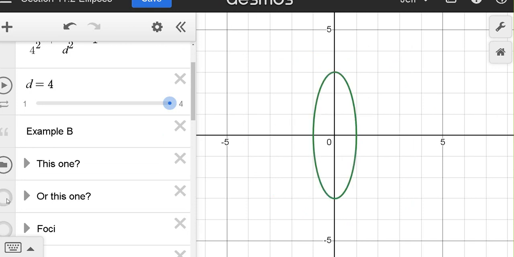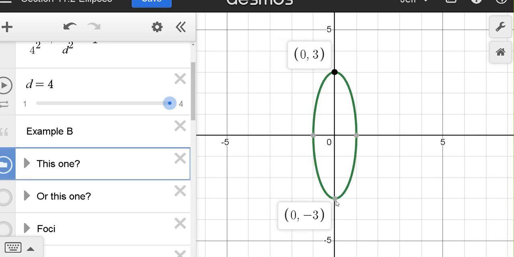First one or the second one? What do you think? First one, yeah, absolutely, all right. So what you should have on your graph is something with vertices at (1, 0), (-1, 0), (0, 3), and (0, -3). Those should be your vertices. And then you just play connect the dots for all the stuff in between.